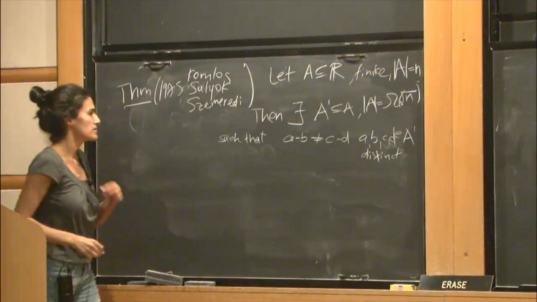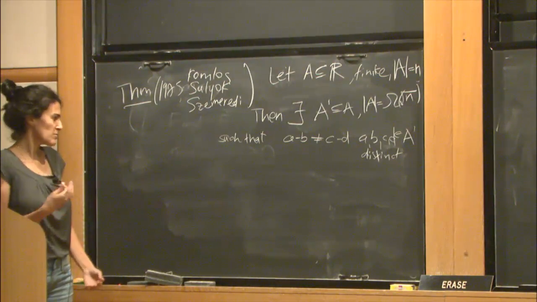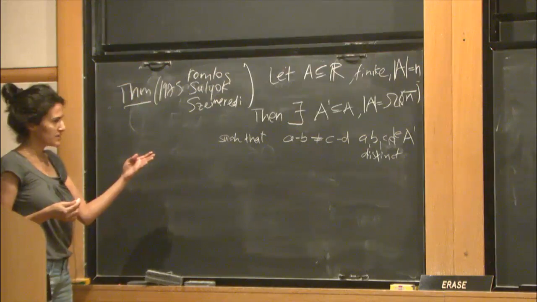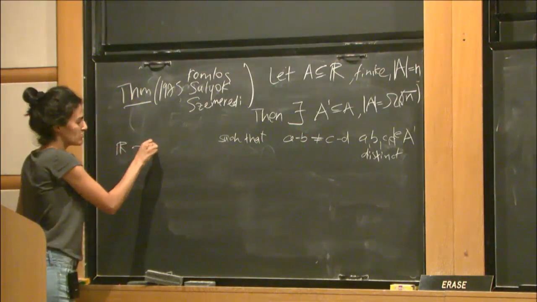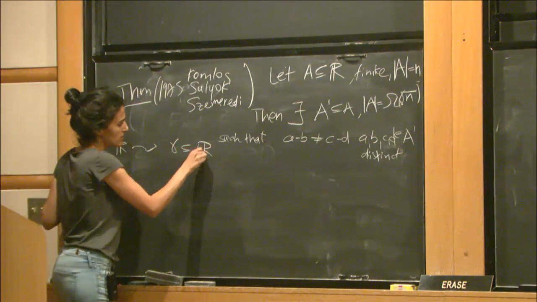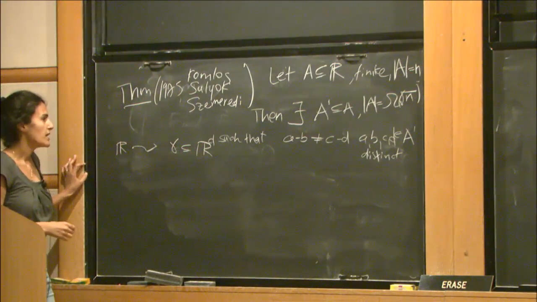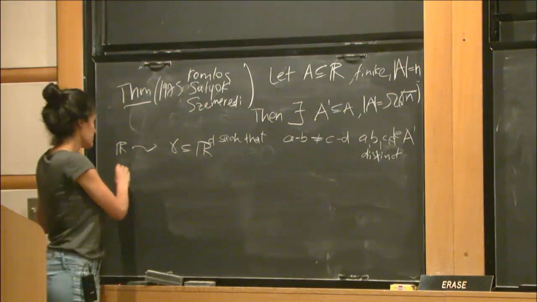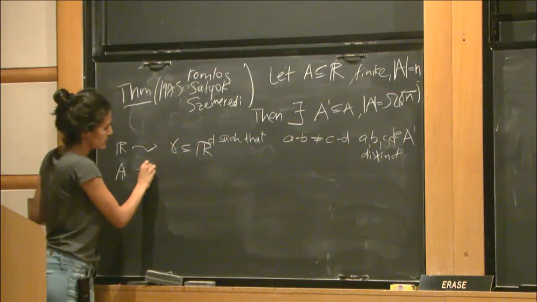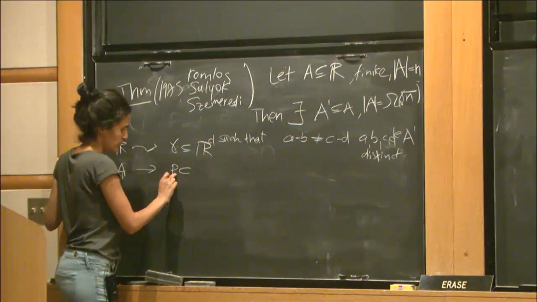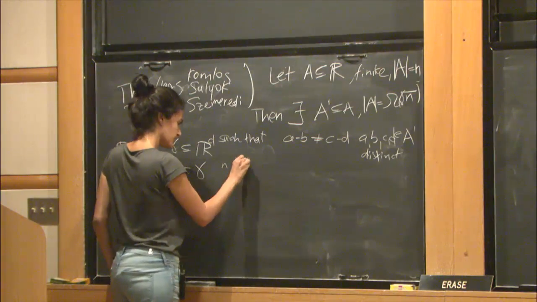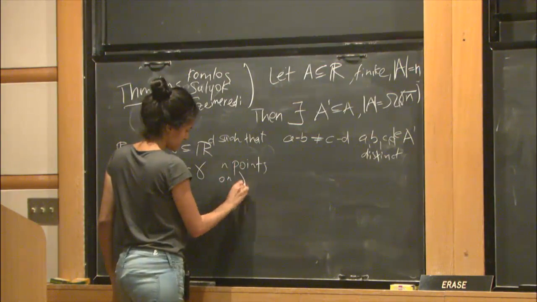Okay, so this is a result, and the problem I would like to discuss here is a generalization of this result. So what kind of generalization? Instead of R, I would like to look at a general curve gamma in some Euclidean space R^d. And instead of a subset of R, I want to look at a subset P of n points on gamma.